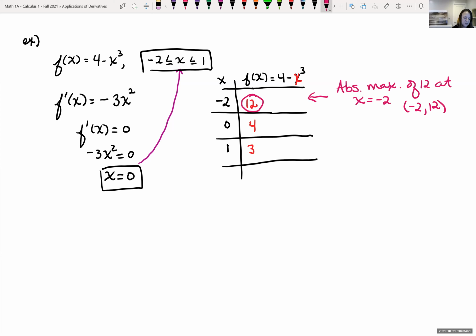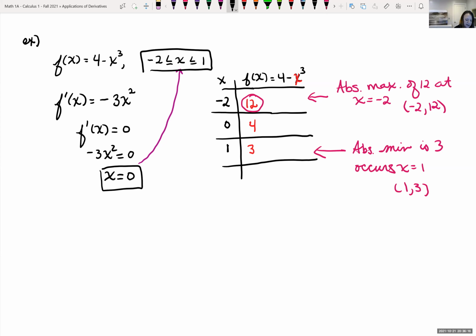And then our absolute minimum value is 3, and it occurs at x equals 1, or it's our point (1, 3).